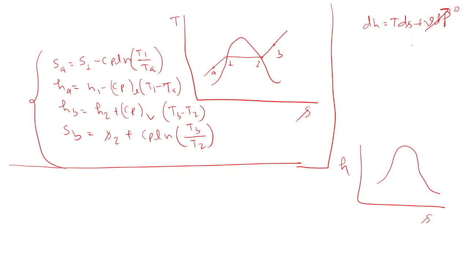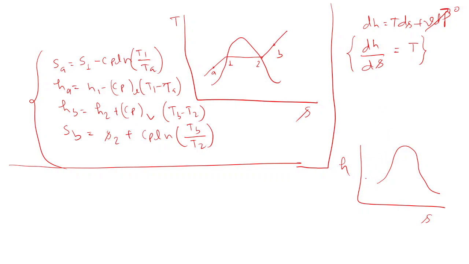Yes, sir, for the constant pressure line VdP would be 0. So for the slope dH by dS, what would it be? Temperature. Yes.